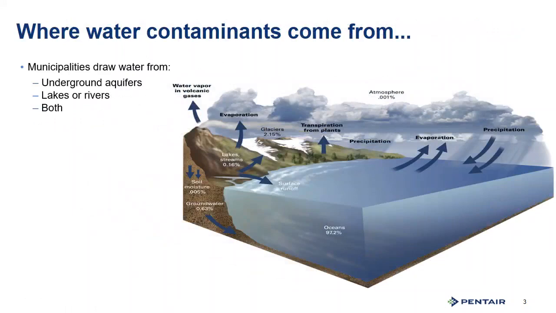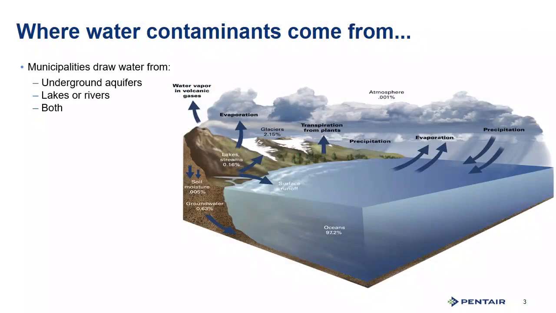So where do these contaminants come from? Well, our municipalities draw water, whether this is a town or even your home well. Same issues apply here. But most municipalities will get their water from either underground aquifers or shallow wells.